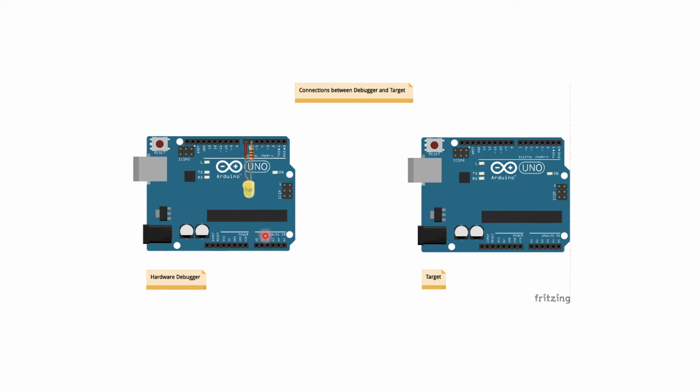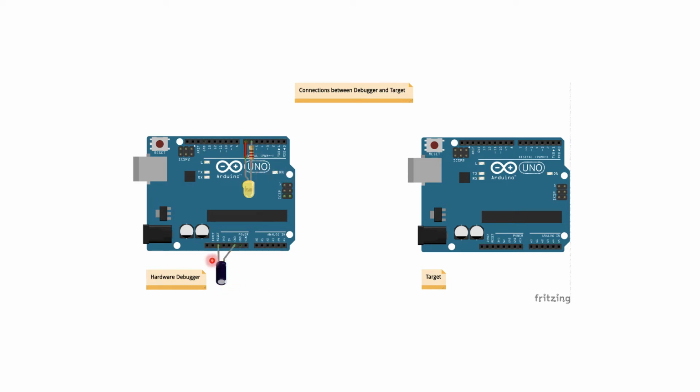So how do you connect these two? Before we start connecting, I show you two optional components, but they are very helpful. One is an LED with the plus lead going into 7 and the minus lead going into 6, whereby you should put a series resistor in there. This is then the system LED that tells you about the internal state of the debugger. It's optional, but it's very helpful.